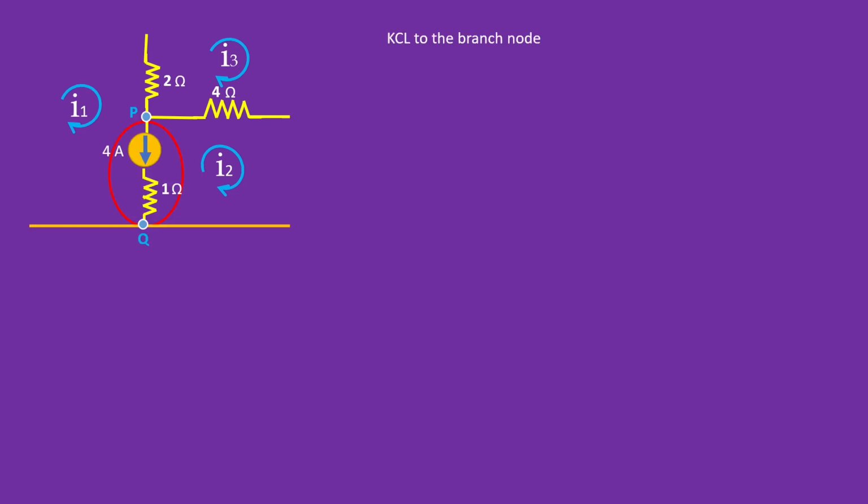Now we are going to apply KCL to this particular branch node, which we have already ignored. Either you can apply nodal analysis for this branch at node Q, or you can apply KCL to node P. So now we'll consider this Q node.